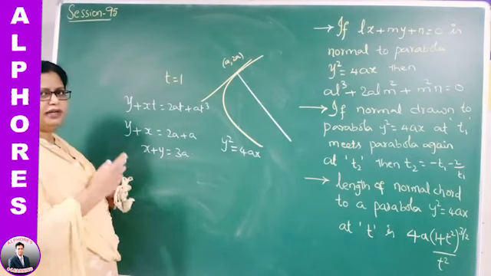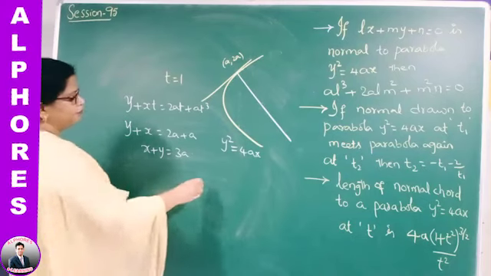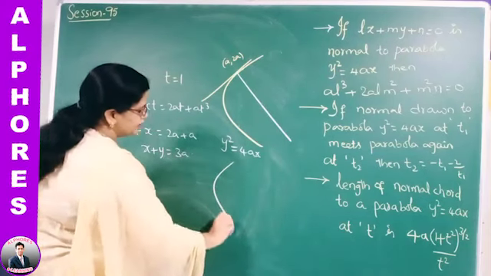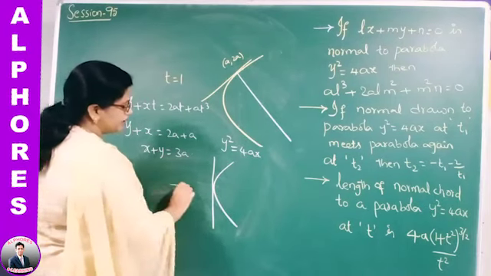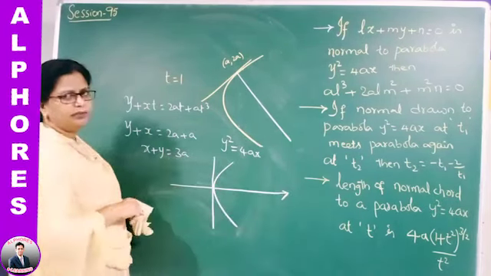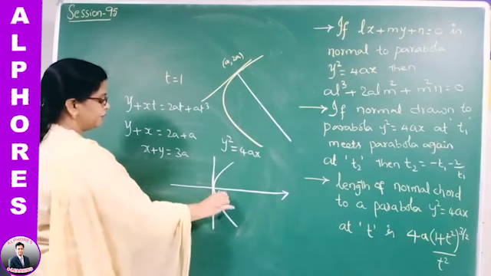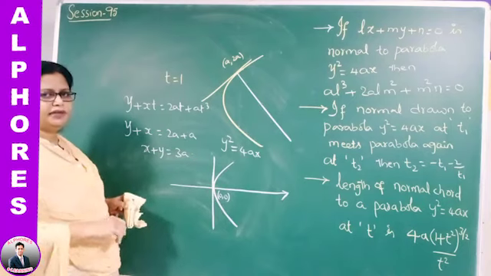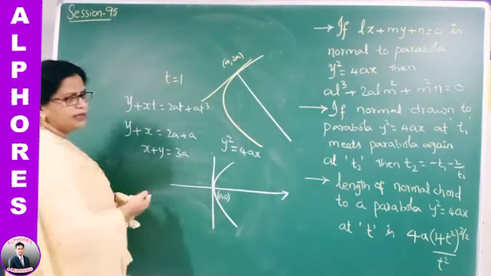Moreover, one and only one important thing is there, that whatever normal you have taken that can pass through focus is only one normal, and that is nothing but exactly the axis of the parabola. If this is the tangent at vertex we are taking, then the perpendicular line is nothing but the axis.